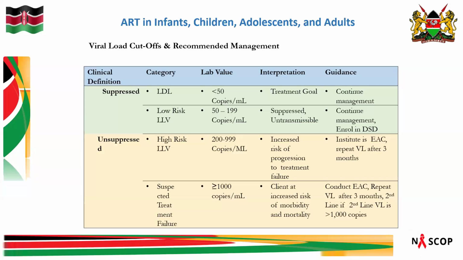For the unsuppressed, the extreme one is having more than 1,000 copies per ml, and the client is at risk of morbidity and mortality, and you should conduct enhanced adherence counseling, and then repeat viral load after 3 months. And on second line, if the second line VL is more than 1,000 copies per ml.